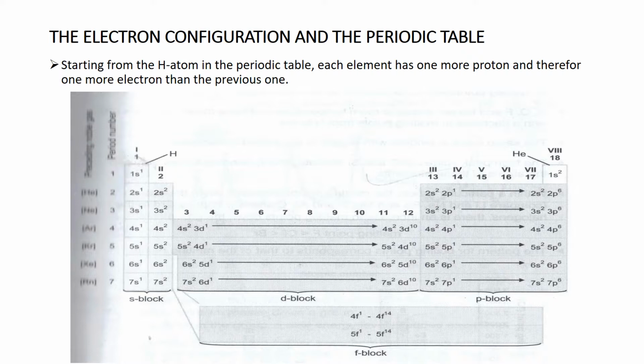For example, hydrogen has 1 proton and therefore 1 electron. Helium, because helium is in front of hydrogen in the first period, will have 1 more proton and 1 more electron than hydrogen. So helium will have 2 electrons and 2 protons because hydrogen only has 1.